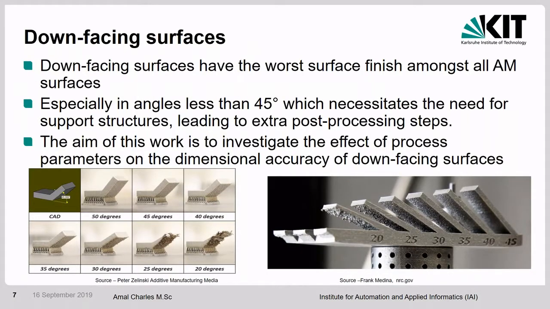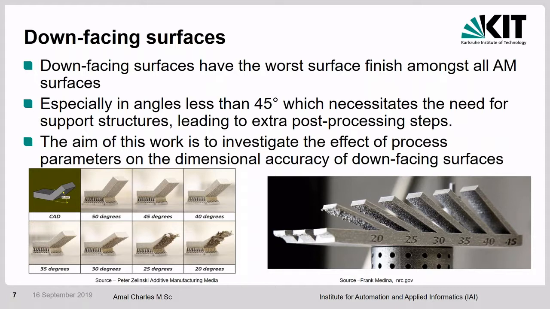Down-facing surfaces are a big issue for us because they have the worst surface finish of any surface in additive manufacturing processes, especially when you start going below 45-degree angles. The surface finish starts to deteriorate quite rapidly.